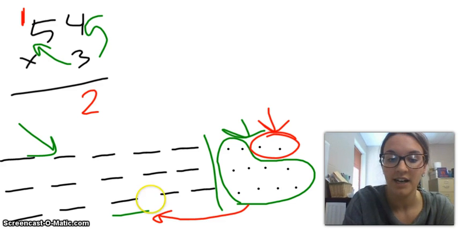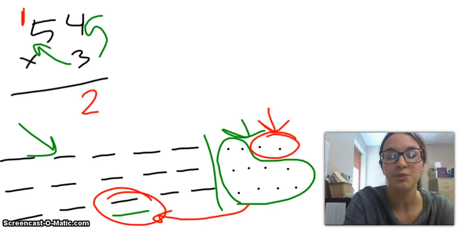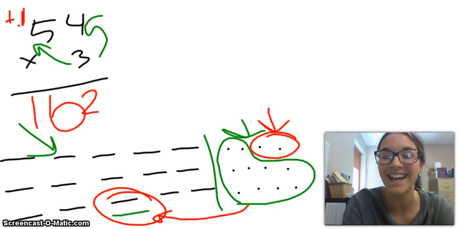Plus, I have this one down here. So my 5 times 3 would give me 15 tens, plus one more, I would have 16 total tens. Well, 16 tens would be the same as 160, and then I had my 2 ones.